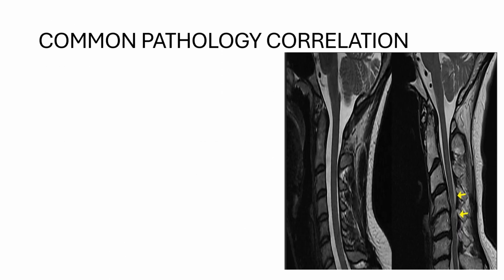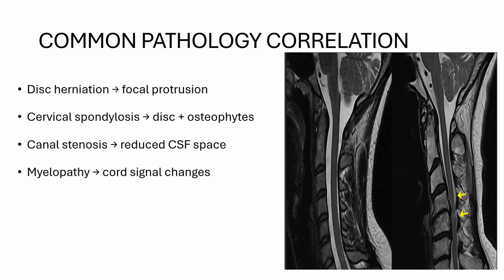Now the common pathology correlations of the cervical spine. Disc herniation is a focal protrusion of the disc. Disc herniation with osteophyte formation is called cervical spondylosis. Canal stenosis is reduced CSF space of the spinal canal, and myelopathy is cord signal change.